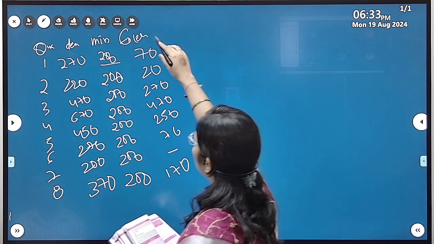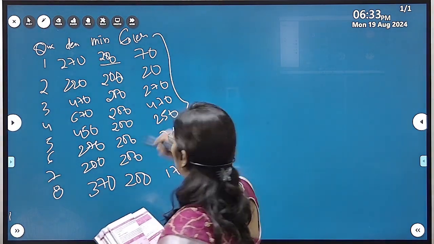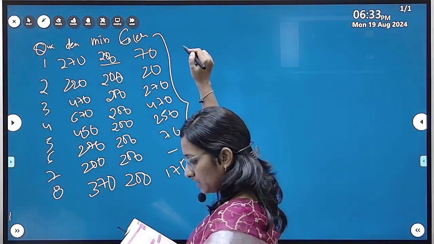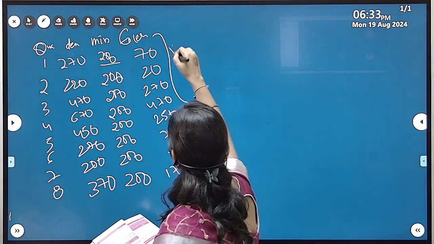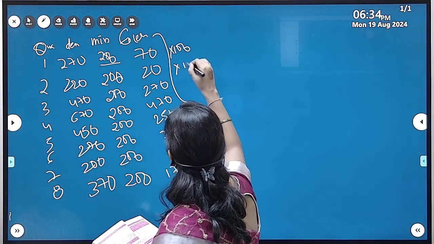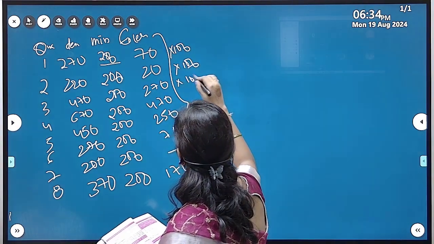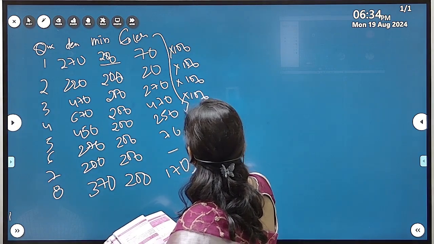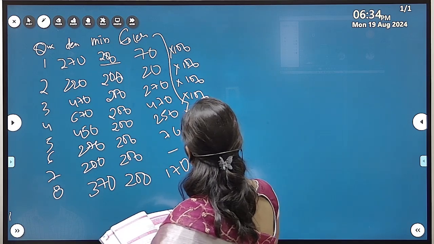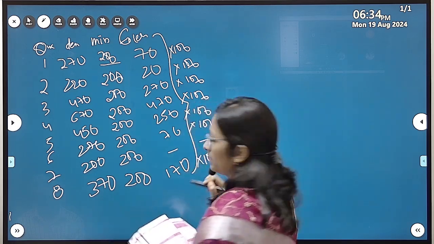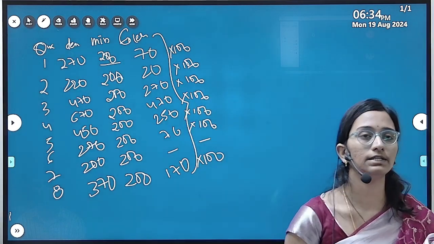If this excess demand is subcontracted, what cost will you get? The subcontracting price is 100 rupees per unit. 70 into 100, 20 into 100, 270 into 100, 470 into 100, 250 into 100, 70 into 100, nil, and 170 into 100. Okay, is that clear to everyone?